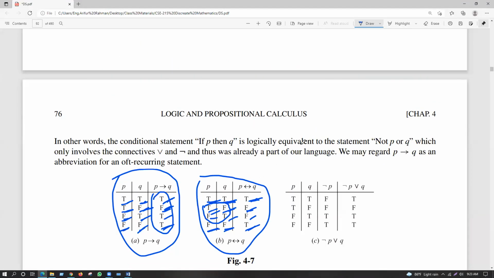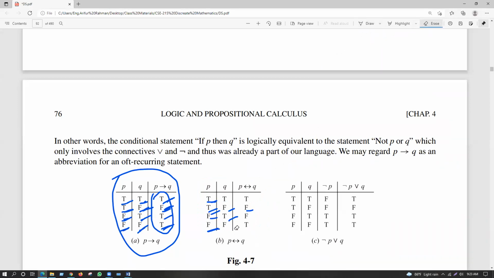When the statement is biconditional, that means P implies Q and Q implies P as well.